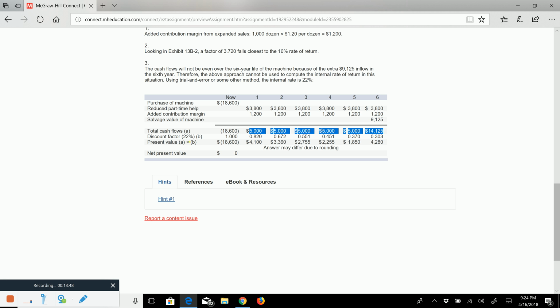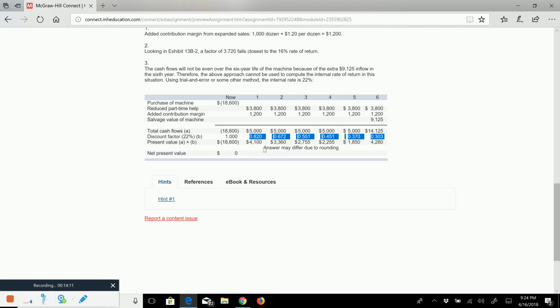And by playing around a little bit, and when we use a discount, once again, the discount is pretty much your minimum required rate of return. When we play around with it and we look at the 22% column and use these factors for year 1, 2, 3, 4, 5, and 6, that is when we can get to a net present value of 0.